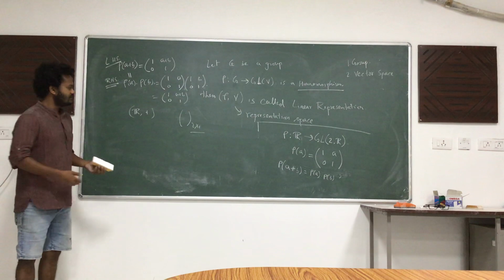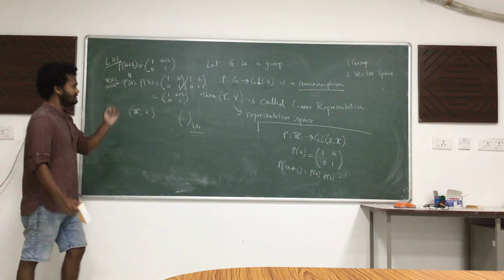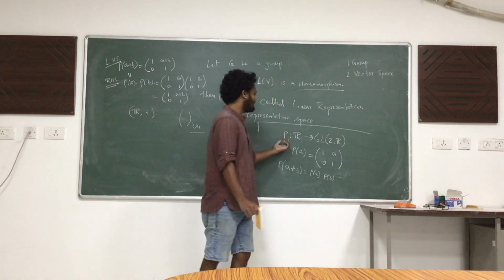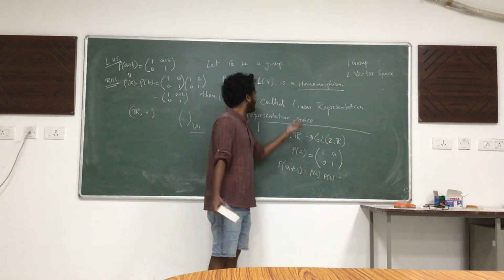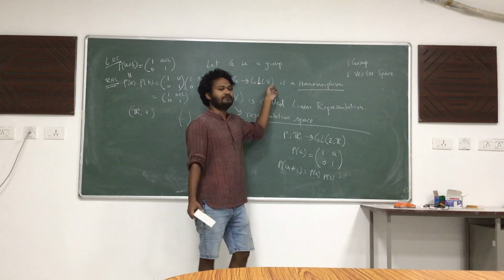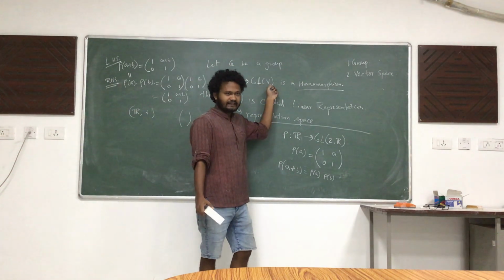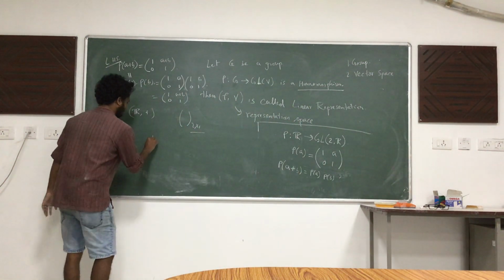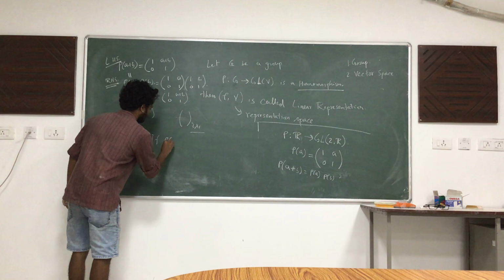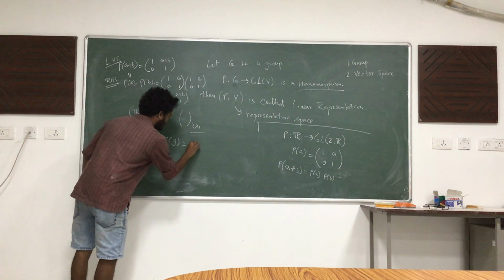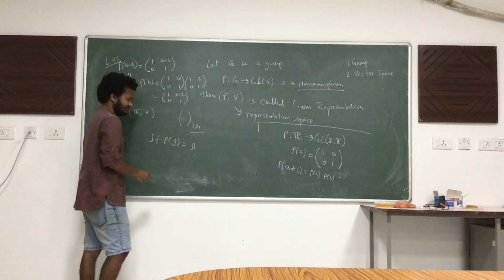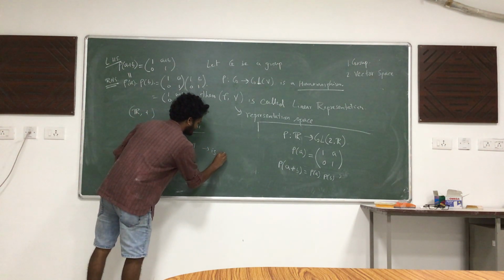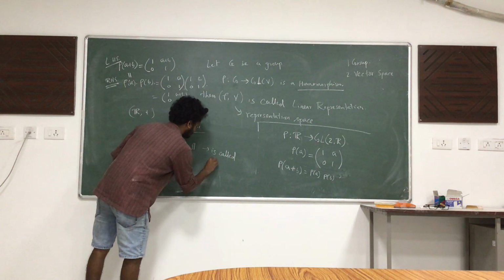One thing is of course clear. We can always send any group to the identity element of GLP. That representation, where rho of G is sent to the identity element of GLP, is called the trivial representation.